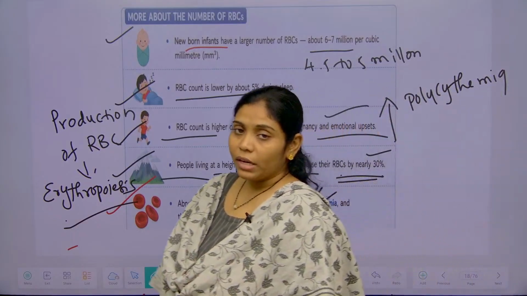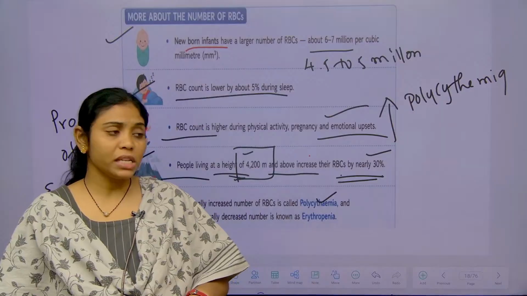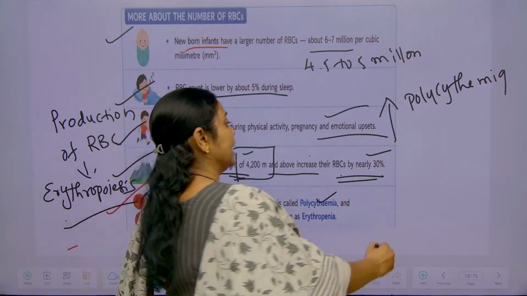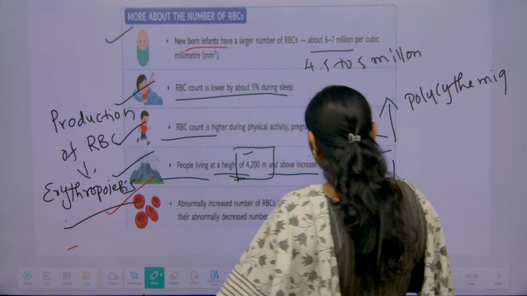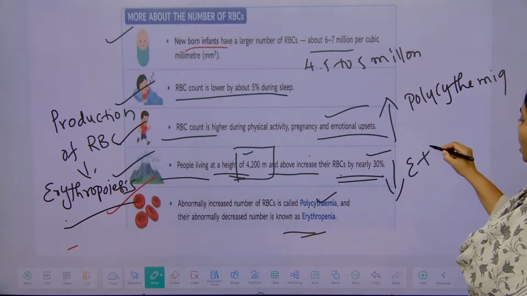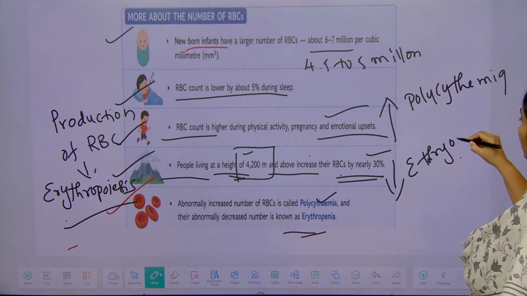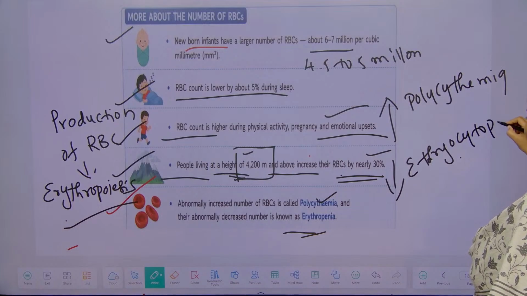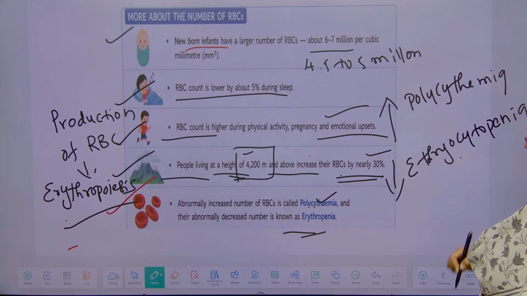If the number is decreased below normal, we call such a condition erythrocytopenia.